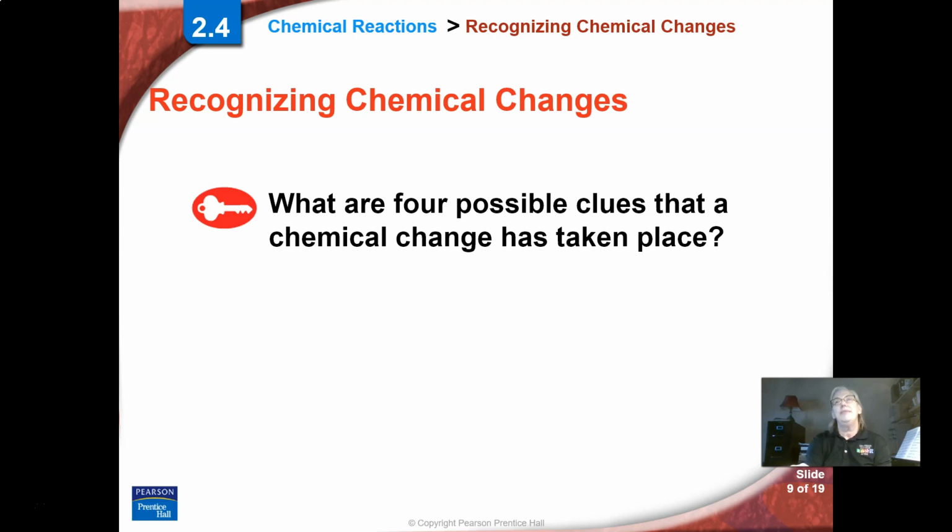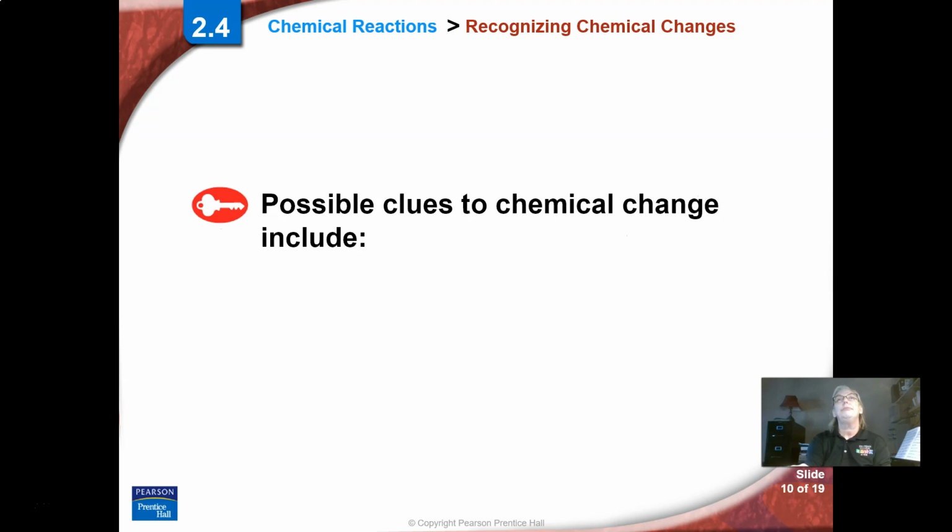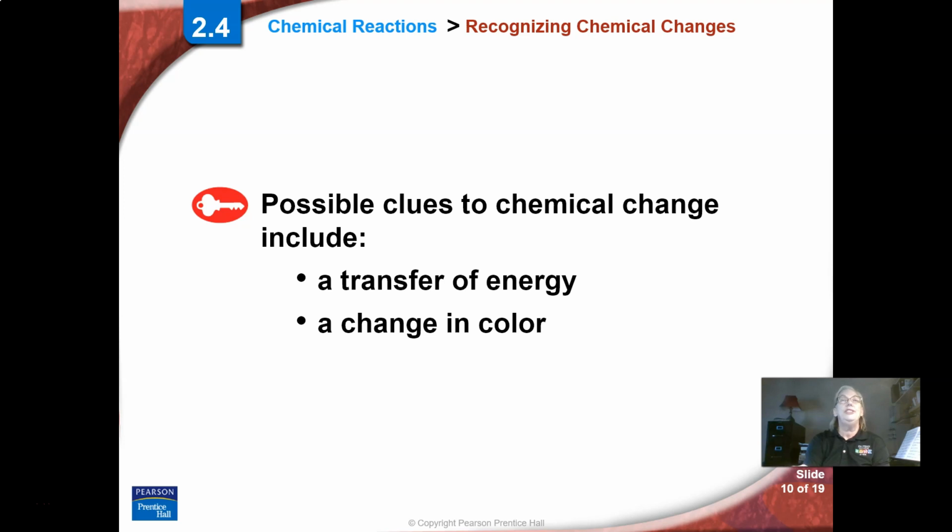So how do you know if you had a chemical change? I already talked about one, a color change. Here are the clues. If you feel heat or your substance gets colder, or if you see an explosion or you see light, that's a transfer of energy. So that's a chemical change. If you have a change in color, like the metal turning into an orangey color, that's a chemical change.